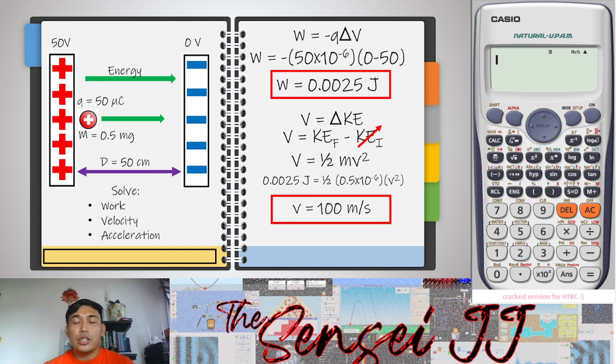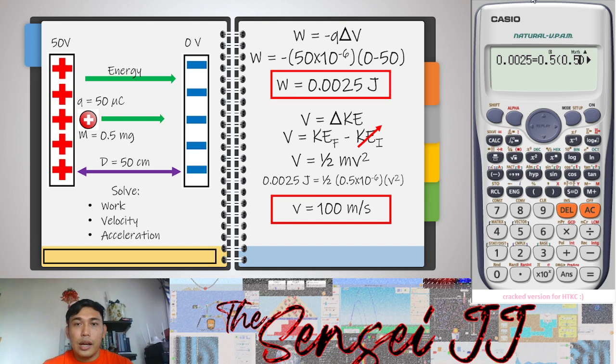So let's solve our V from delta K. We have here 0.0025, which is equivalent to 0.5 or one half, and we have here 0.5 times 10, which is the mass in milligrams.